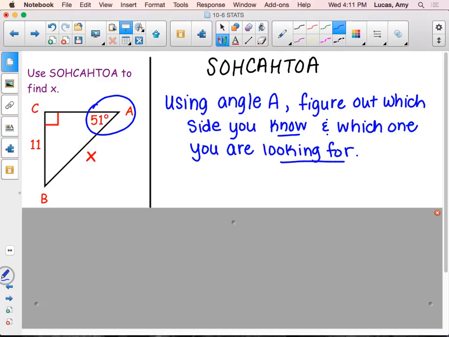Okay, so when I look at this picture, remember we always identify our hypotenuse right away. The hypotenuse in this picture happens to be x, so that's the one that we're looking for. So we're looking for the hypotenuse, so I'm underlining the h's in my SOHCAHTOA.